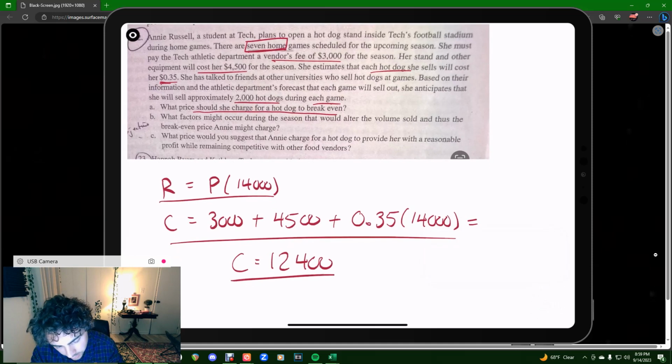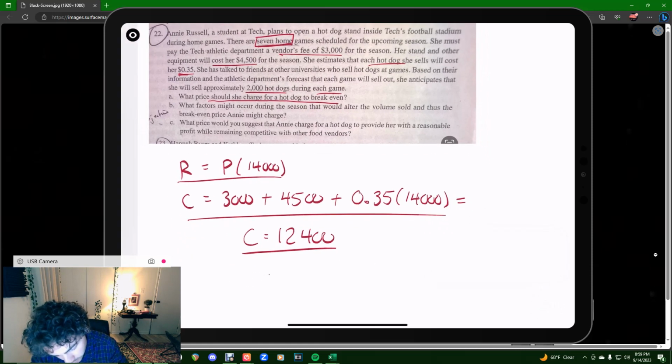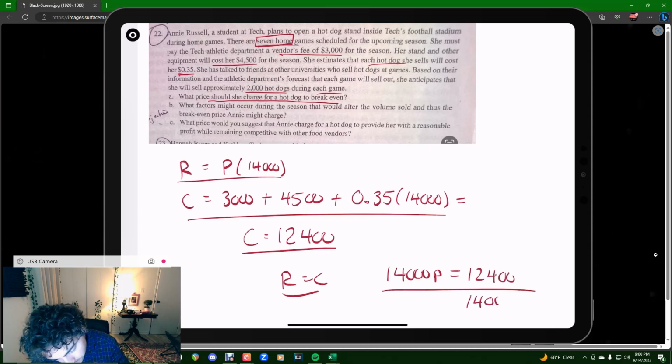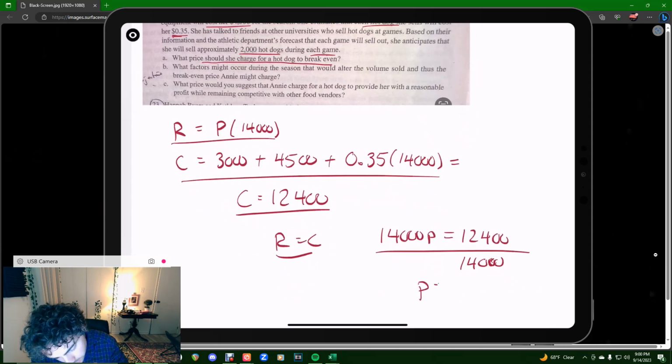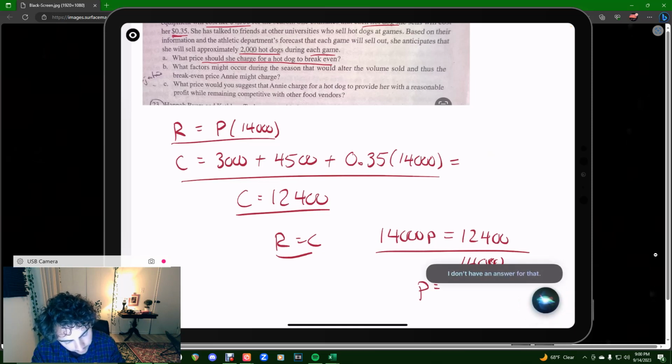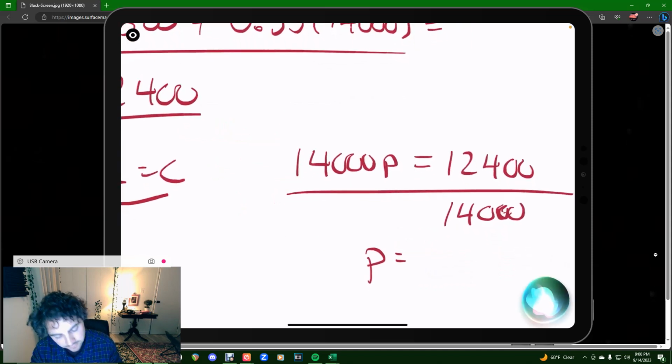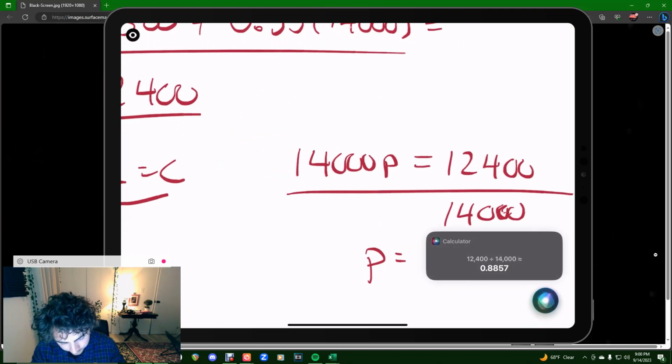Now it's just a game of when do we break even. We set the revenue equal to the cost. Or you could do the profit, but this is easier. So set the revenue equal to the cost and solve for P. We have P times 14,000 equals 12,400, so we solve for P by dividing by 14,000. 12,400 divided by 14,000 is approximately 0.8857.